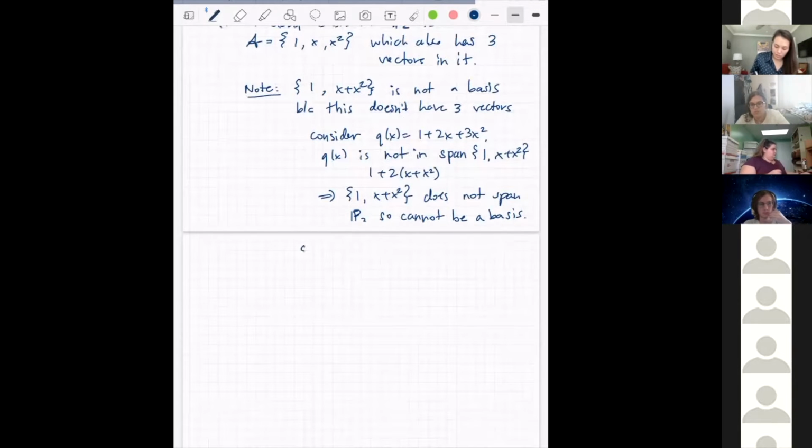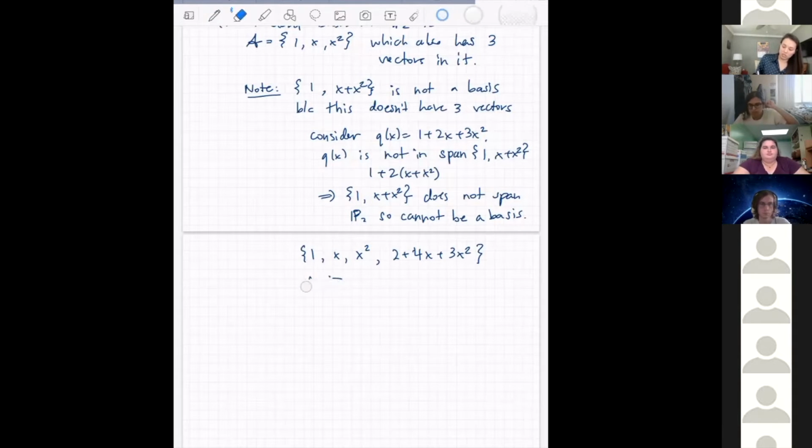And as another example, if we look at the collection 1, x, x squared, and let's say 2 plus 4x plus 3x squared, this guy right here has 4 polynomials in it. So we already know it can't be a basis because it doesn't have the right number of vectors.